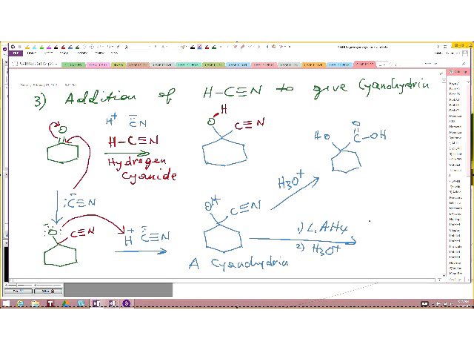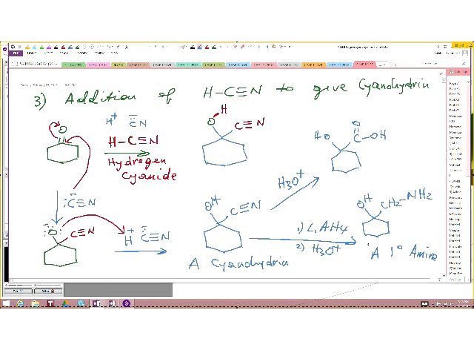What that gives you is a primary amine. Okay, we are going to discuss that primary amine in later chapters. I believe that will be in chapter 22.